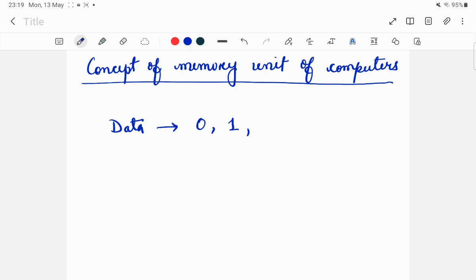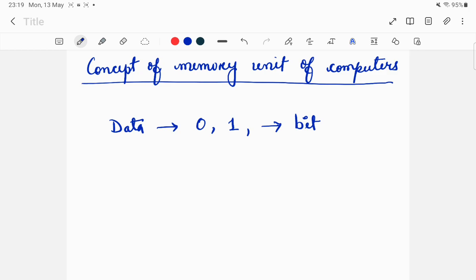Each of these digits that we are feeding to the computer is represented by a bit.